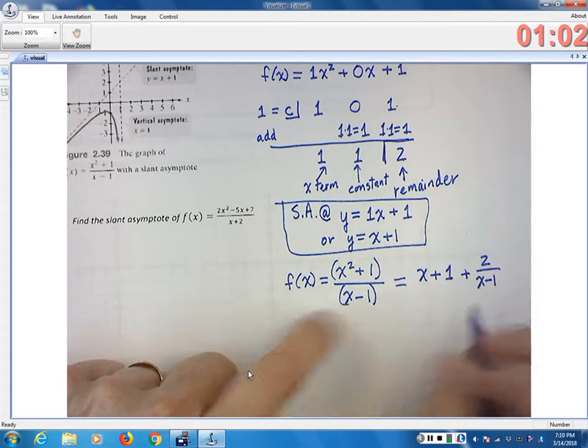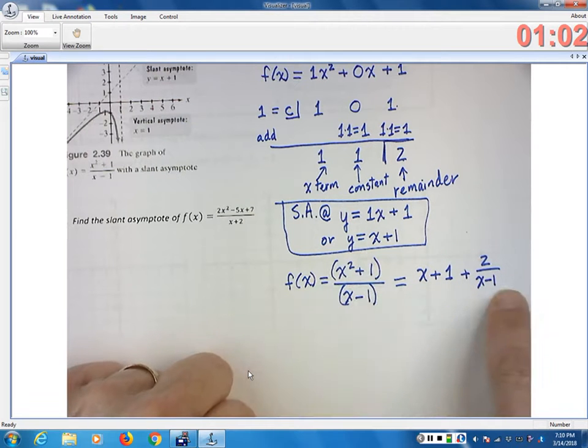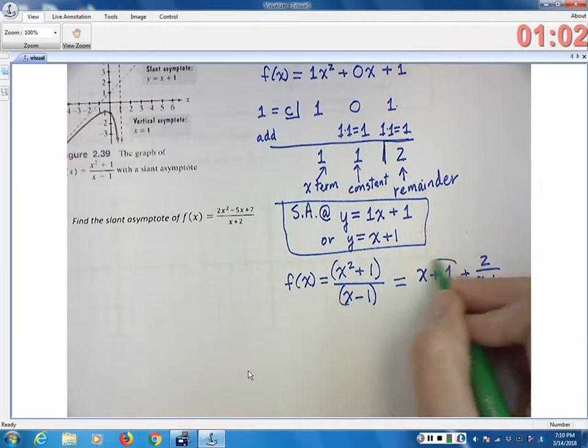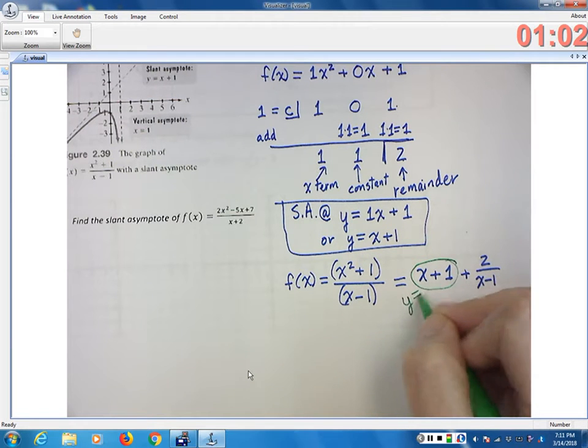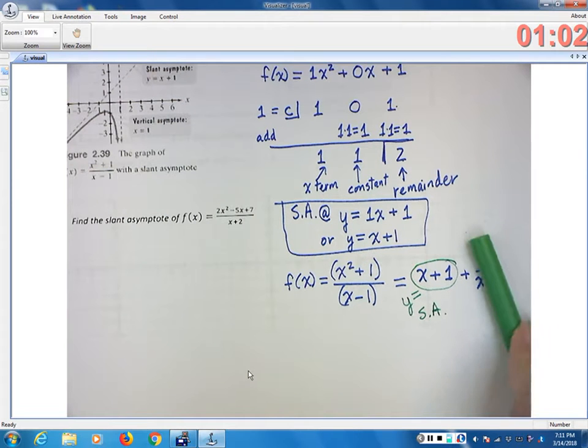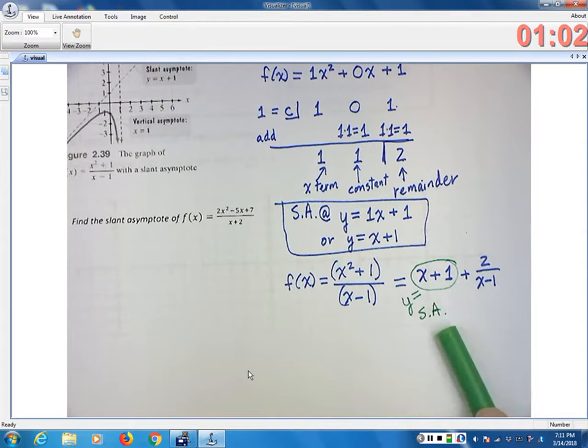That's what this division equals, but this part with the y equals in front of it is the slant asymptote. And we can just drop the remainder. This is the slant asymptote. This isn't equal to that, but it's the slant asymptote. Okay, let's do this other example.